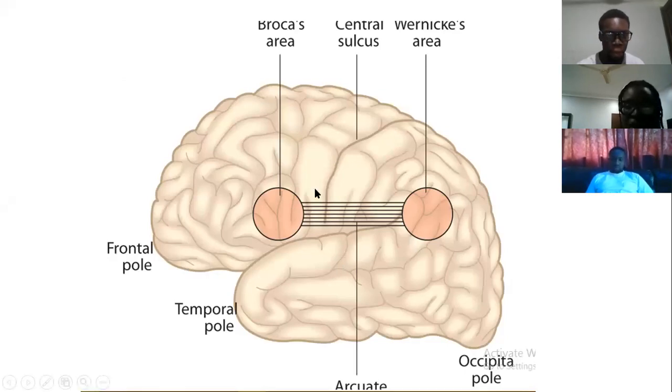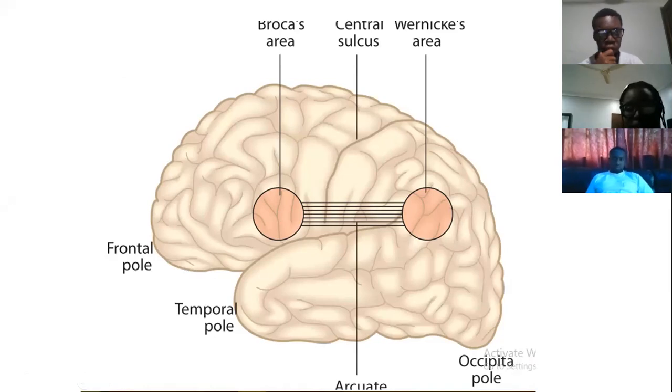And this is the part of the brain which controls the speech. So we have the Broca's area, which controls the articulation or the expression of the speech. Then we have the Wernicke's area, which controls the reception or the understanding of the speech.